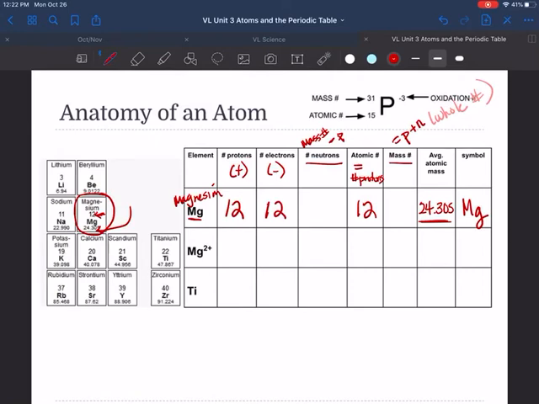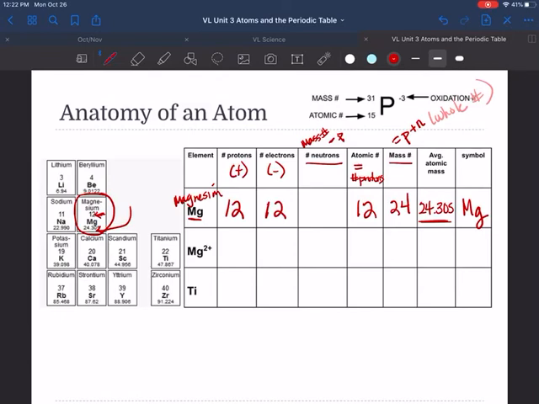Well, if you're not given something like this symbol up here, if all you're given is what I gave you there, then what you have to do is take the average atomic mass and round it. So for this example, 24.305 would just be 24. Now that's going to be a very specific version of magnesium, magnesium 24.